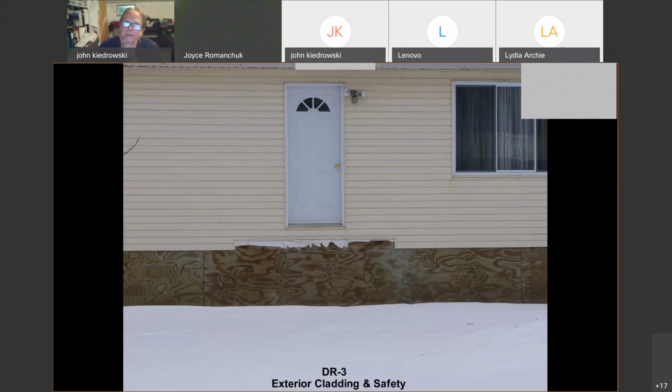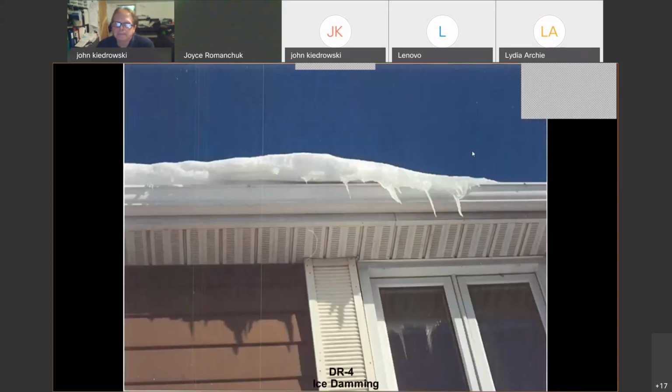But again, John's right. You have to look for the flashings. Look at how well it should be. We see the trims, the proper moldings for the siding around the door or the windows. But one thing I do see that's kind of missing is the flashings. Again, flashings are meant to help deflect water away from, in this case, ice damming.